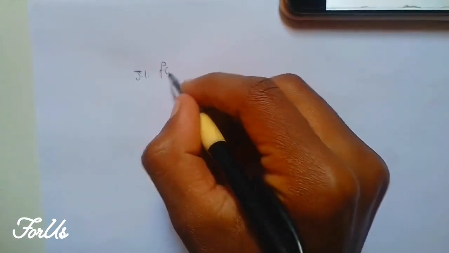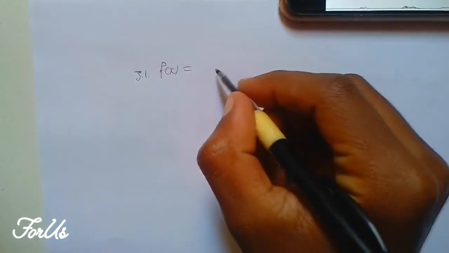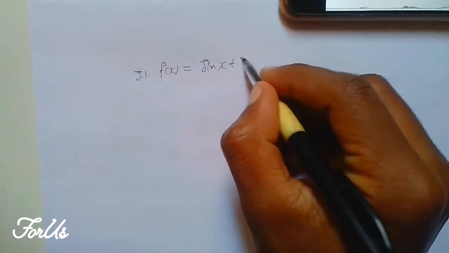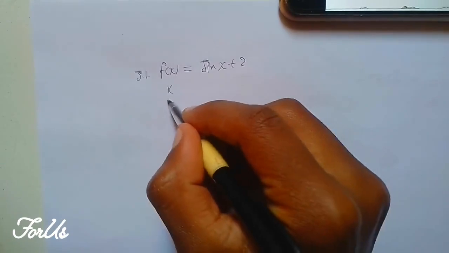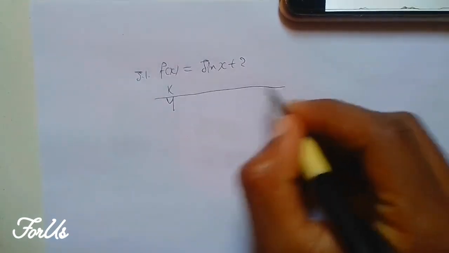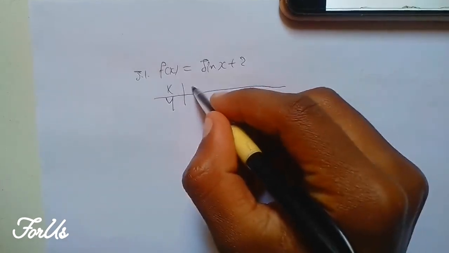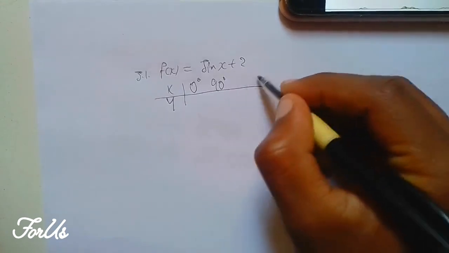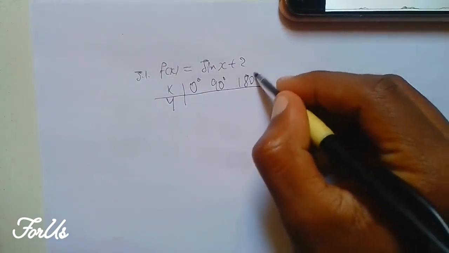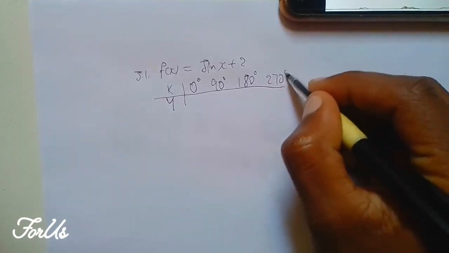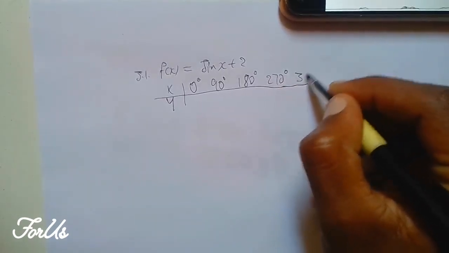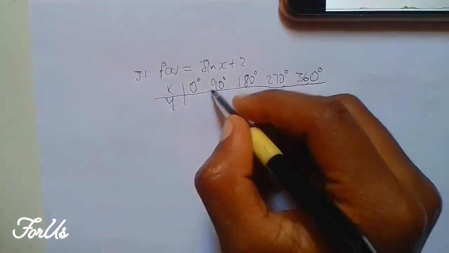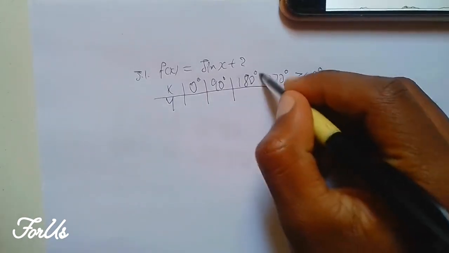We have f of x, which is equal to sine x plus 2. We're going to have x, y. The x values are the angles. It's going to be 0 degrees, 90, 180, 270, all the way to 360, because the question statement said x is from 0 up until 360 degrees.